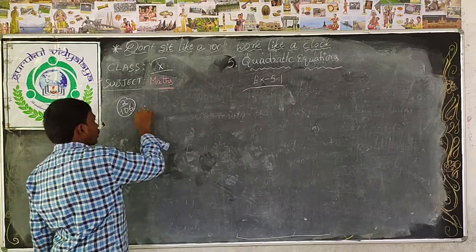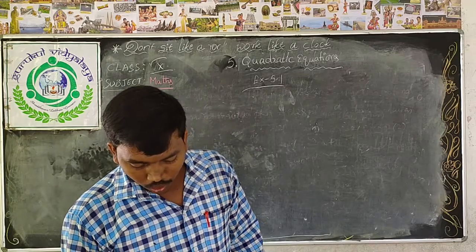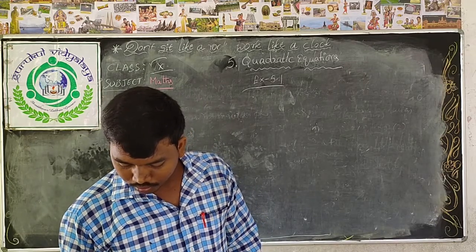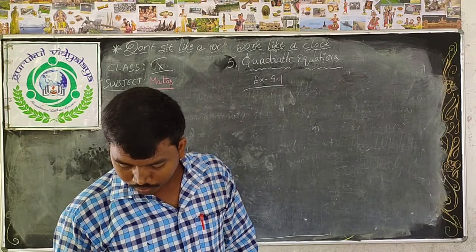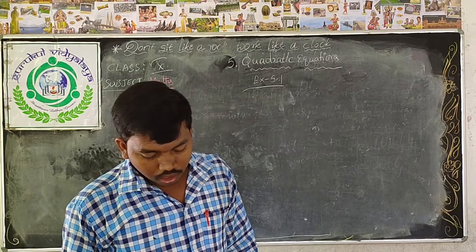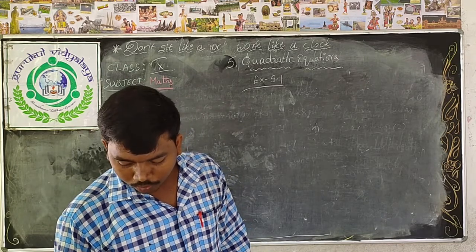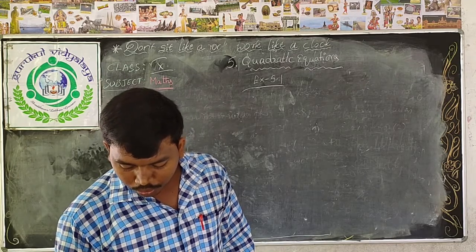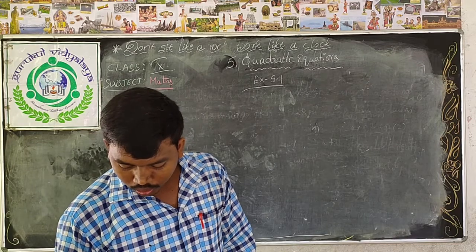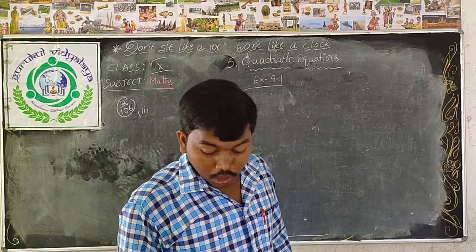Second problem. See, children, the product of two consecutive positive integers is 306.